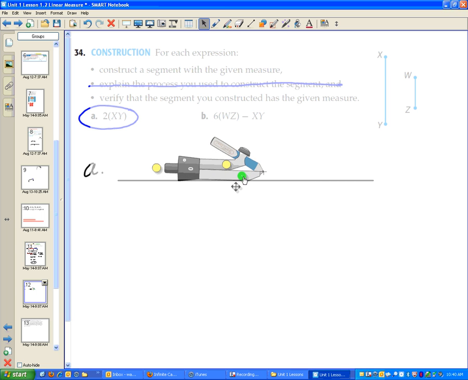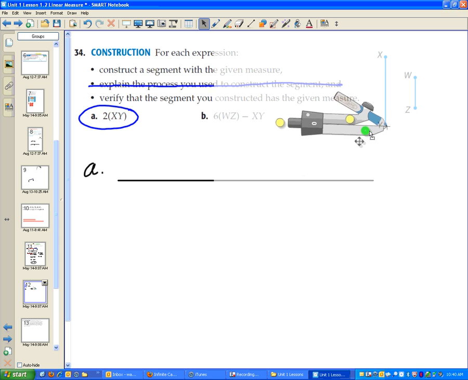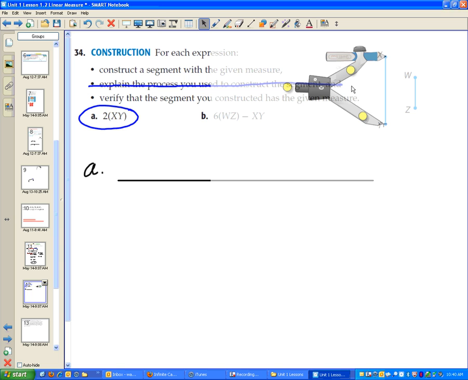So do not poke a hole in your book. Measure the xy there with your compass. Are you supposed to poke a hole in your book? No, you are not. So without poking a hole in your book, stretch your compass out and get the length of xy onto your compass.